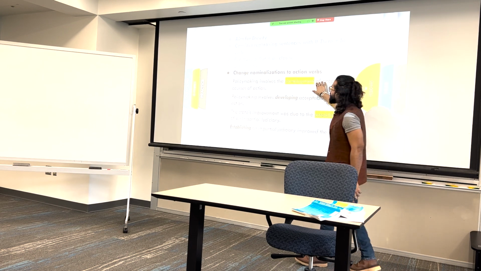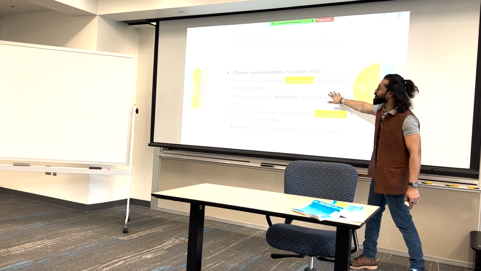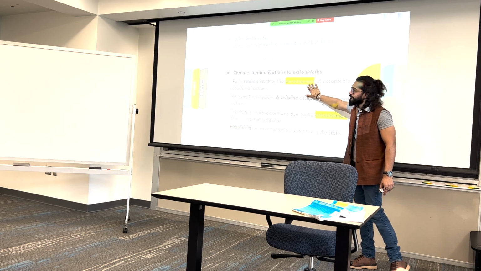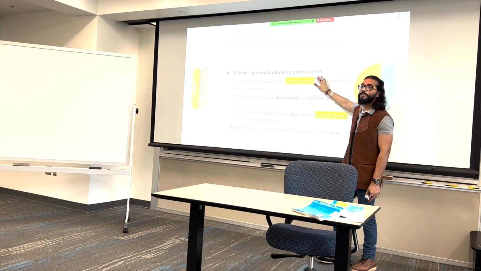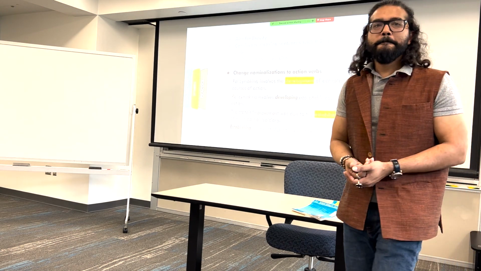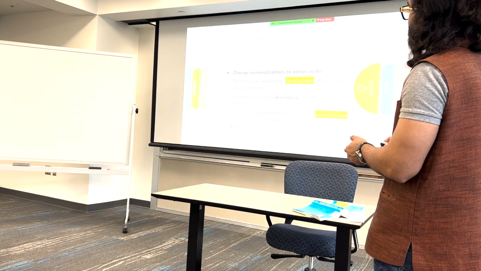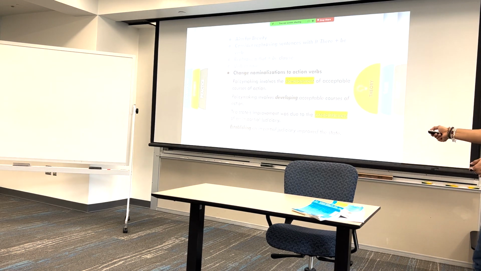So you see of, lots of prepositions when we use nominalization, the noun form. Now if you want to change it, the word development, into an action verb, then you can get rid of the prepositional choppiness. For instance: policy making involves developing acceptable courses of action.